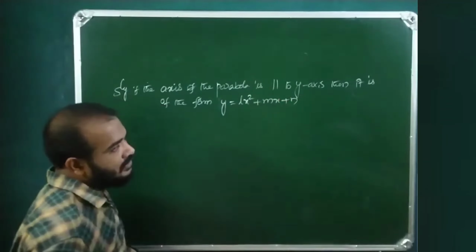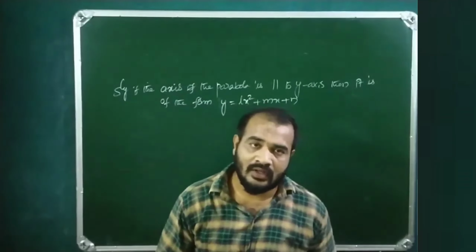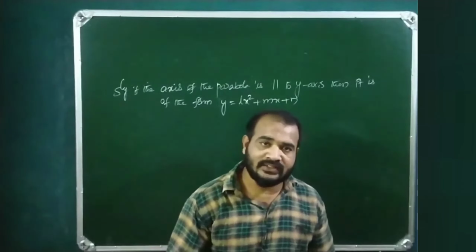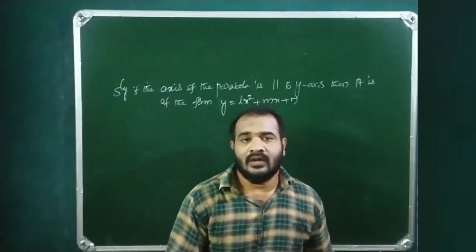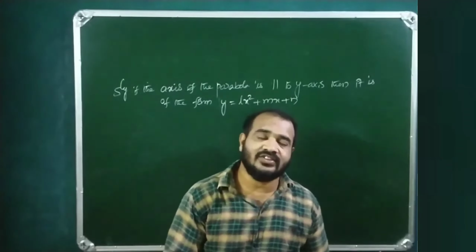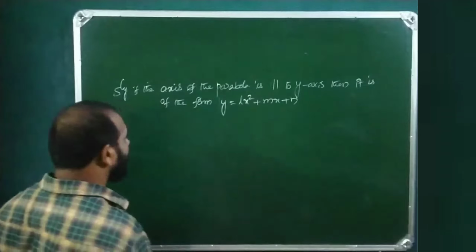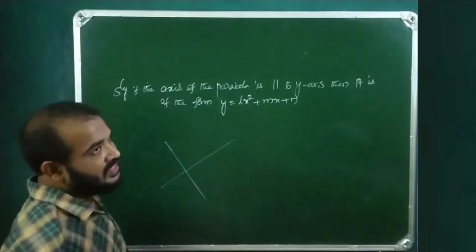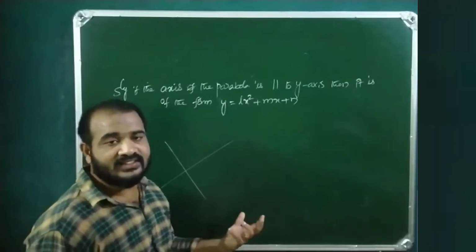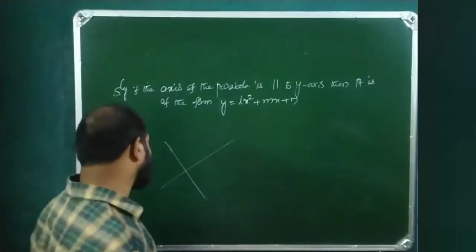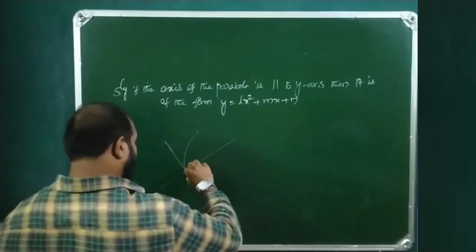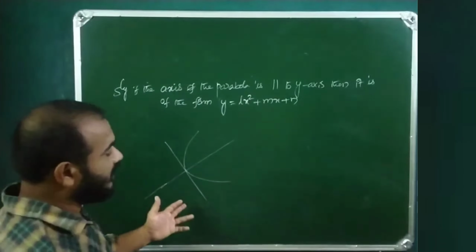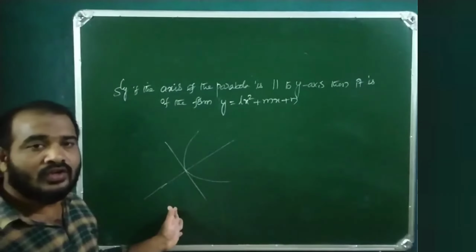So far actually we have discussed the various forms of the parabola, whether it is symmetric about x-axis or y-axis, or the axis is along x-axis or y-axis, etc. But there could be some possibility of a parabola whose axis is neither x-axis nor y-axis. Therefore, it would be a parabola of this kind. If you see, this is neither symmetric about x-axis nor y-axis.